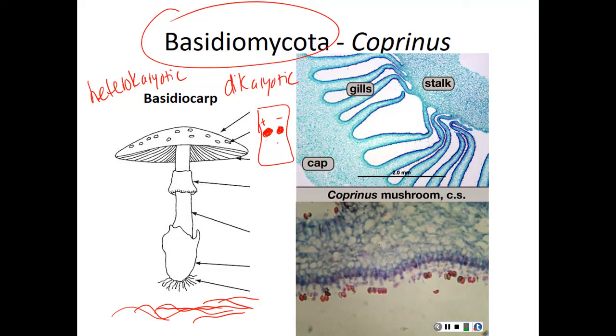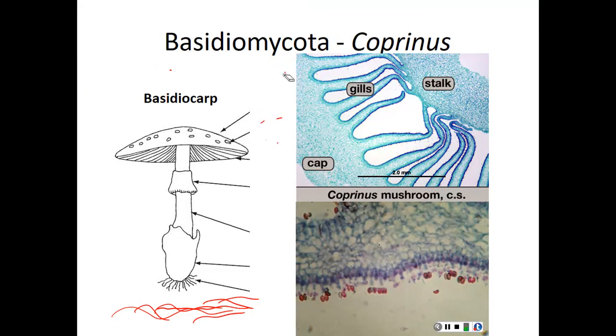And in the Basidiomycota, it's really only within specialized structures that we're going to have karyogamy giving us a diploid cell. And where do we find these specialized structures? Well, first we look to the fruiting body.